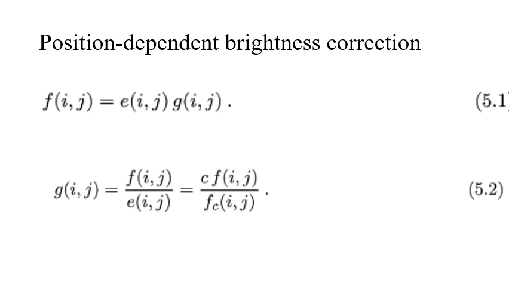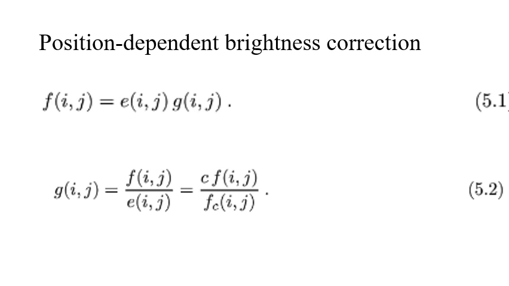But in many practical cases, this assumption is not valid, because the lens can attenuate more light if it passes farther from the optical axis, and the photosensitive part in the sensor is not of identical sensitivity.